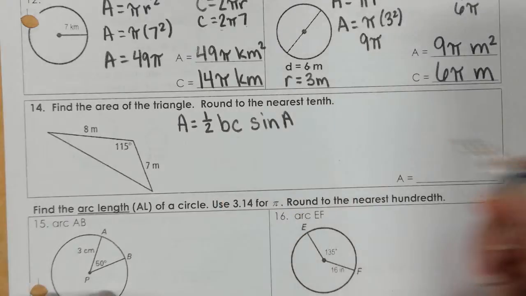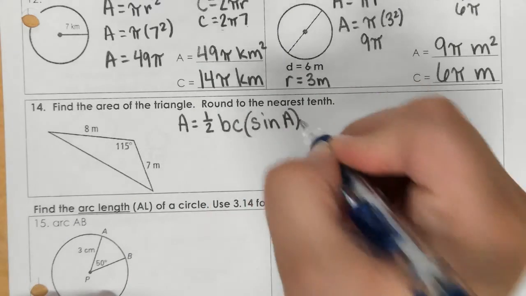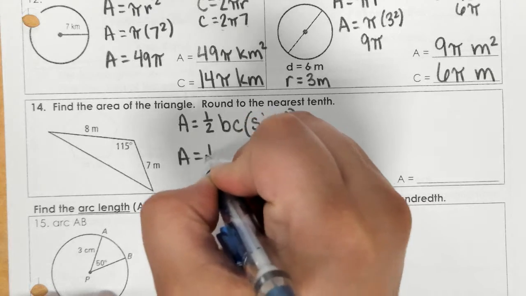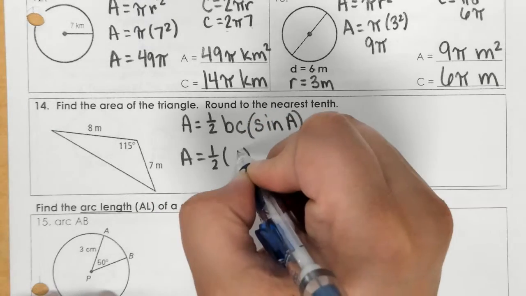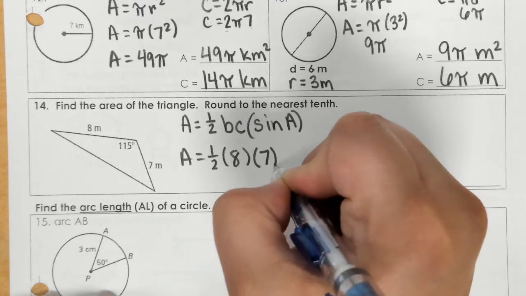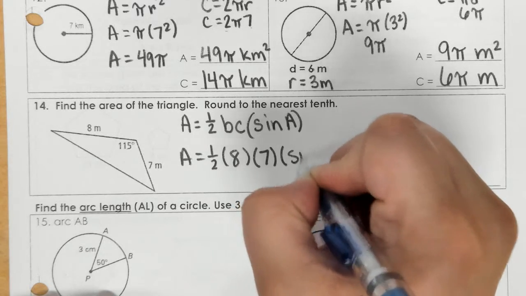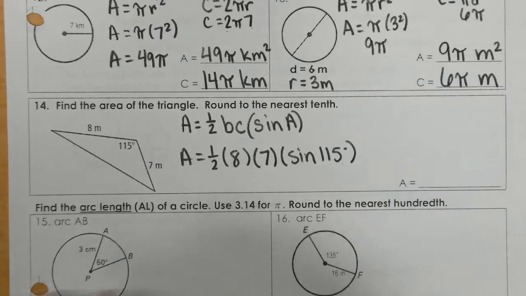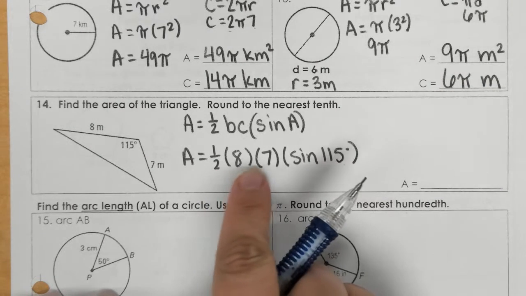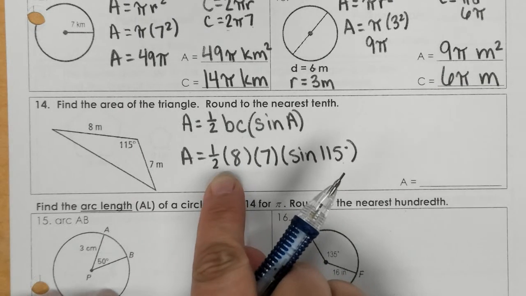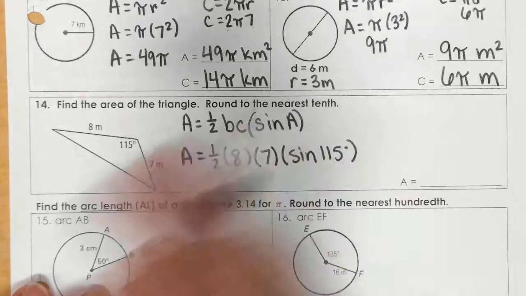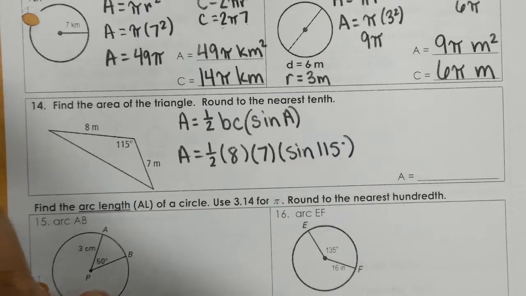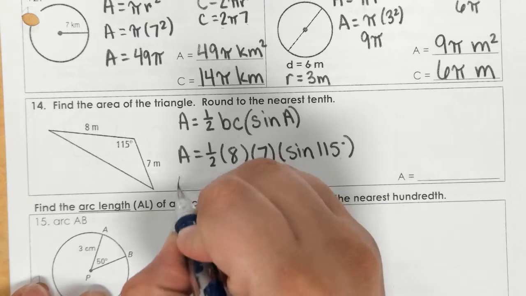I'm going to say sine of angle A. So 1/2 times the side of 8 times the side of 7 times sine of 115 degrees. I would work this part out first. The 8 times 7 divided by 2, and I get 56 divided by 2 is 28.